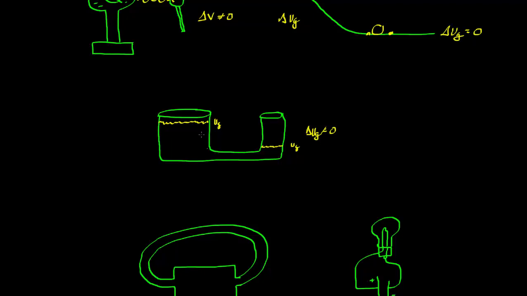And because of that, the fluid will flow. So down here you get some flow of the fluid across. And this is all well and good until they're at the same height. So once they're at the same height, flow stops. There's no flow. And the reason for that is the potential difference is 0 between the two.